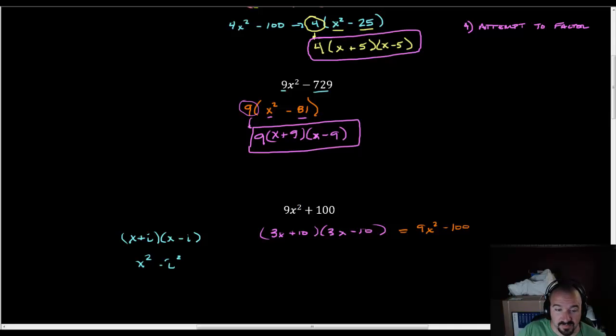I'm sorry, i squared is negative 1, but subtracting it is positive 1. That's x squared plus 1. So the sum of squares can be broken down into the sum and difference of the roots involving i. If I were to break this one down, it'd be 3x plus 10i and 3x minus 10i.